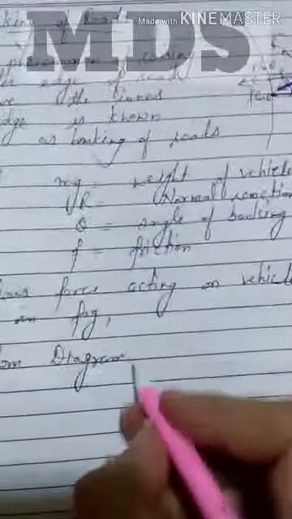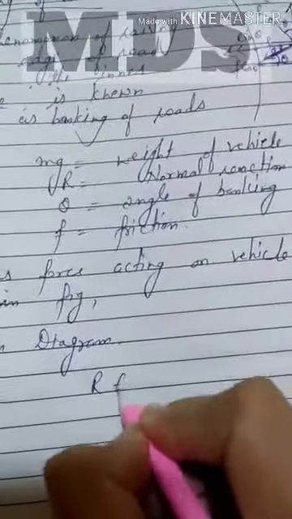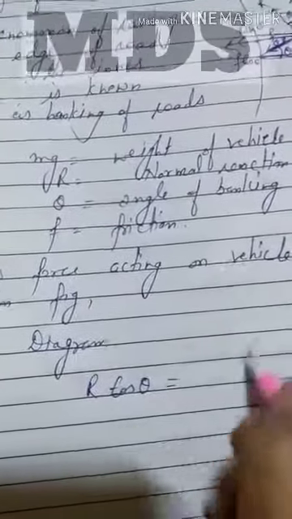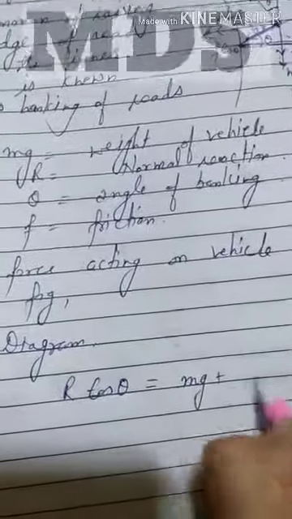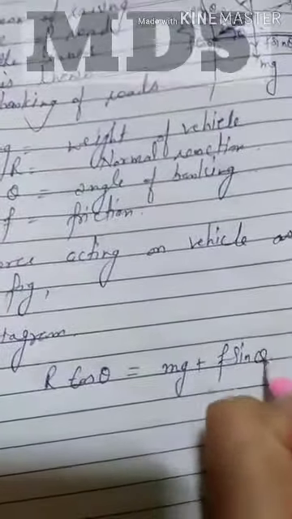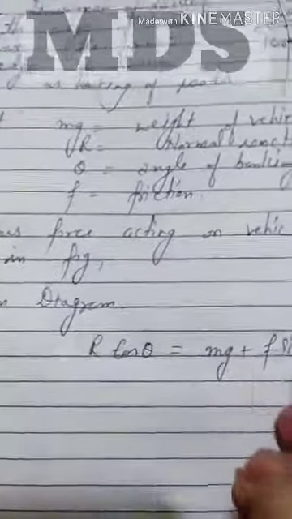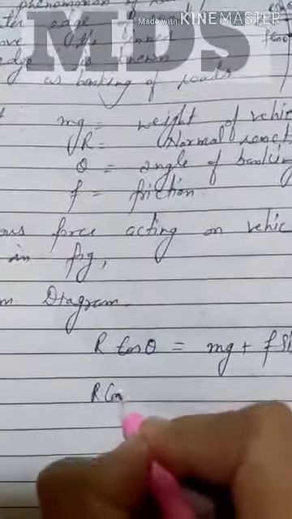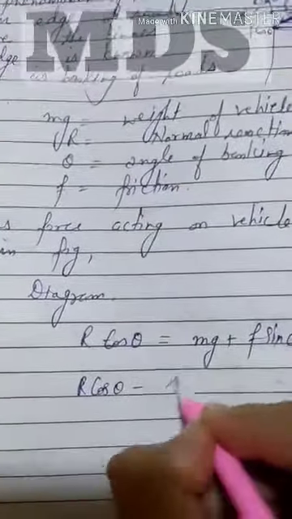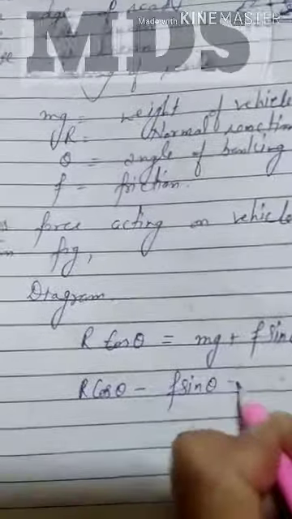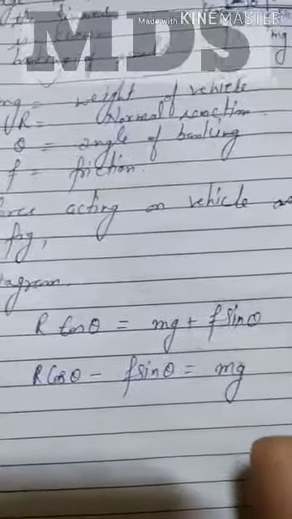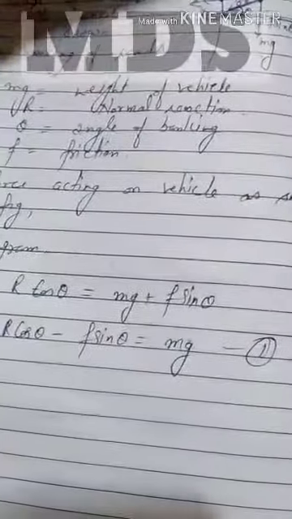Using the equilibrium condition, R cos theta equals mg plus f sin theta. Taking one term to the other side, R cos theta minus f sin theta equals mg. This is one equation.